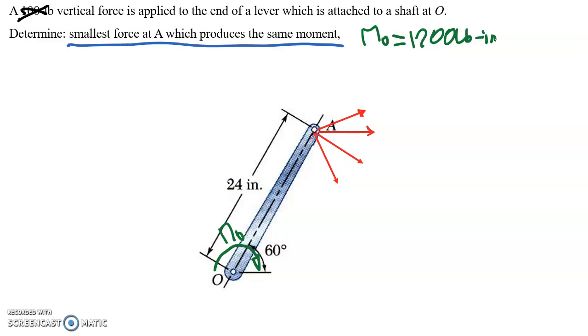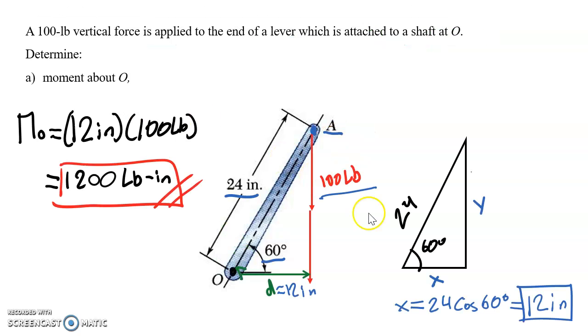Now, the smallest force will come when we obtain the biggest distance producing that force. If we recall from the last two examples, here we had a perpendicular distance in x of 24 times cosine of 60, which was 12 inches.